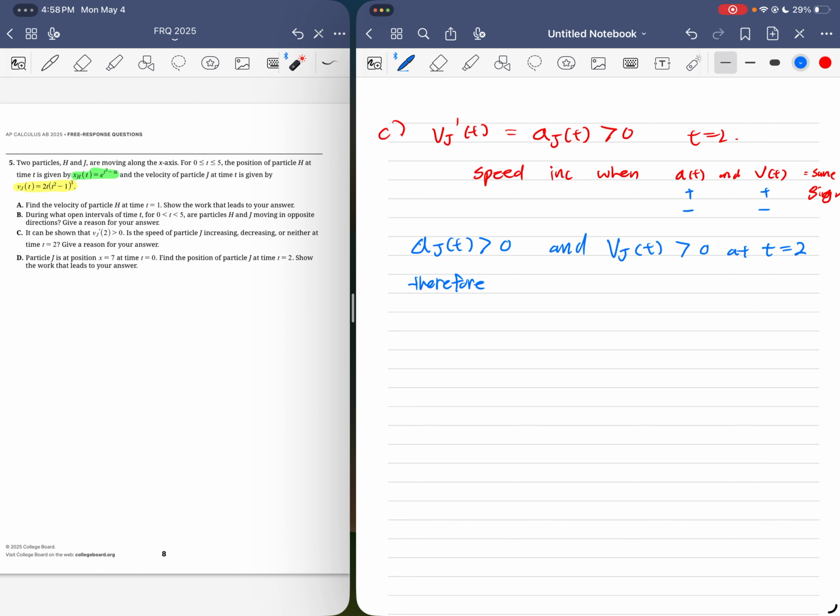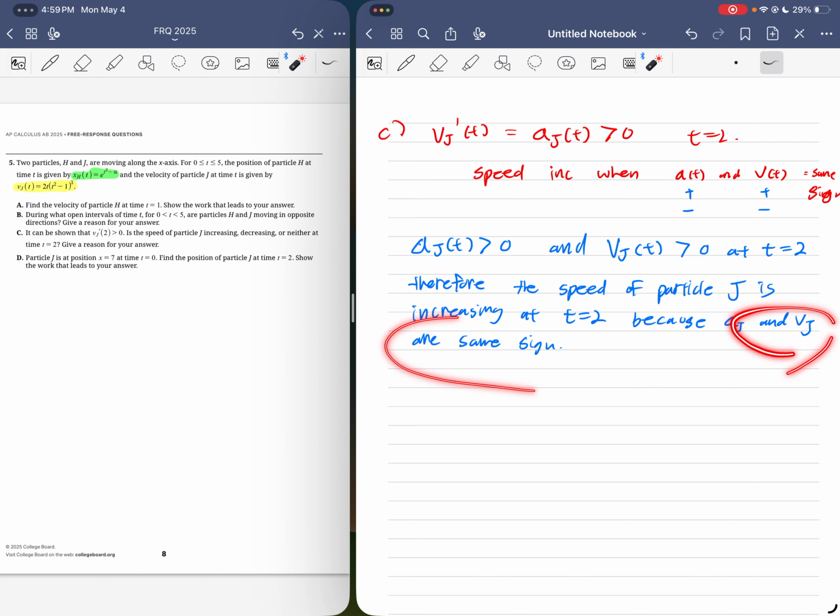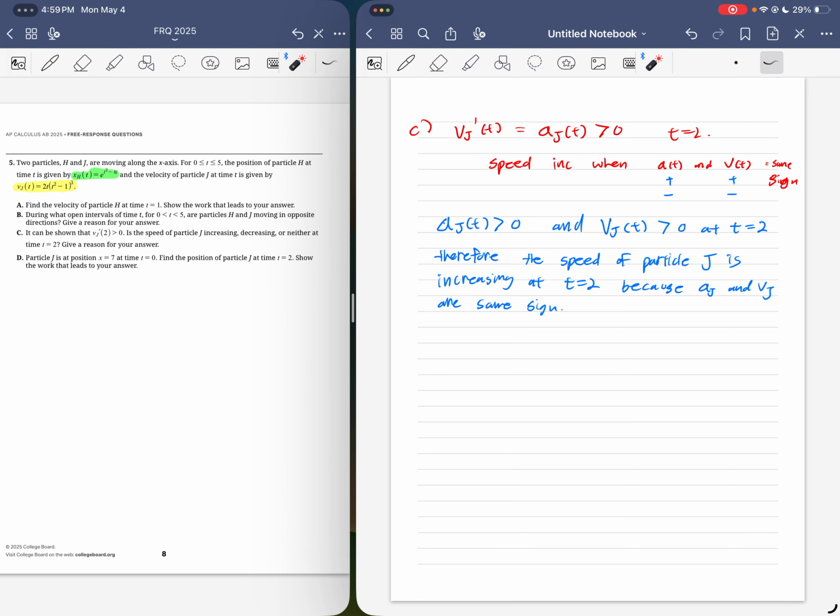Therefore, the speed of particle j is increasing at time equals 2 because the acceleration of j and the velocity of j are the same sign. Although I'm pretty sure you don't really have to write down the last one because we already labeled everything right here. So that's about it.